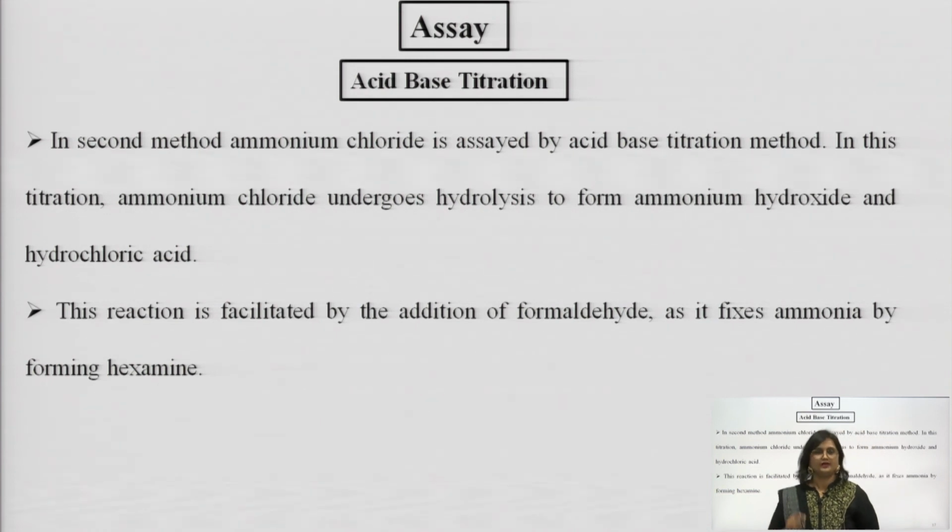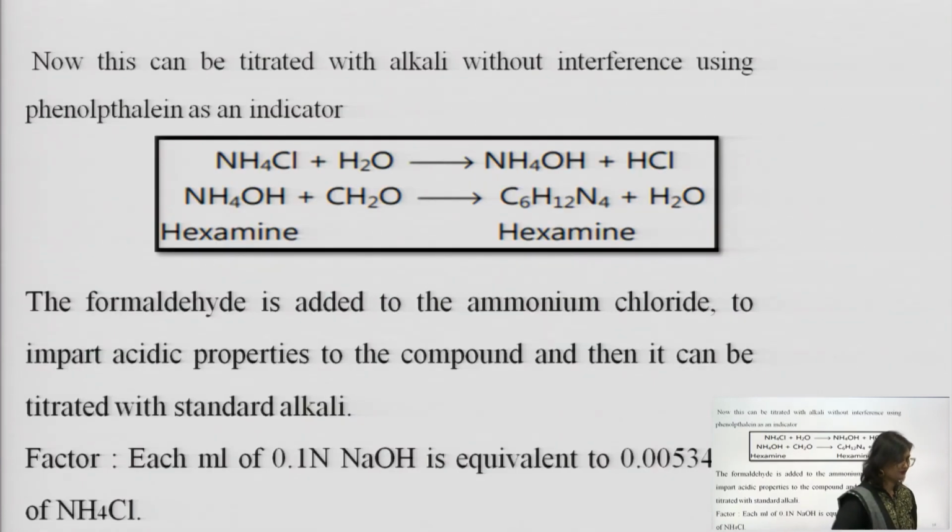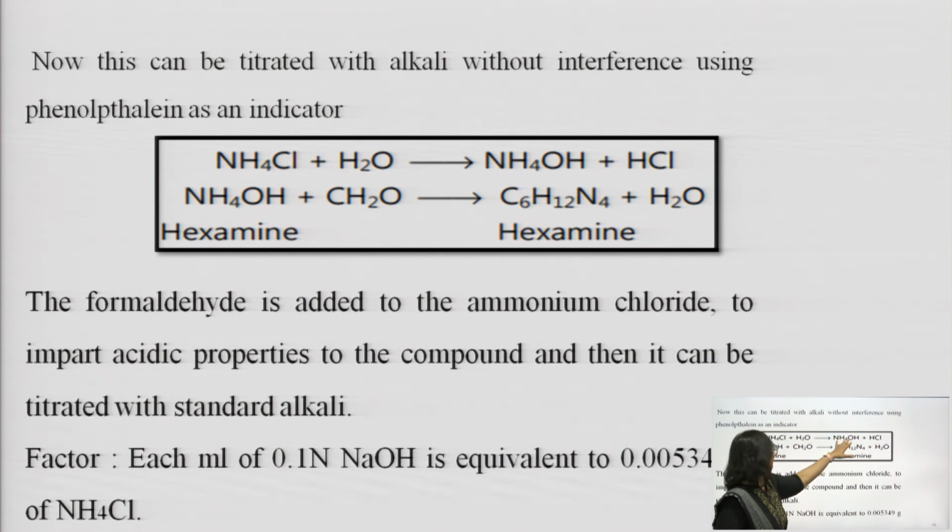Now, moving on further. Acid-base titration. Assay of ammonium chloride can also be done by acid-base titration. In this titration, ammonium chloride undergoes hydrolysis to form ammonium hydroxide and hydrochloric acid. Ammonium chloride, when dissolved in water, forms ammonium hydroxide.